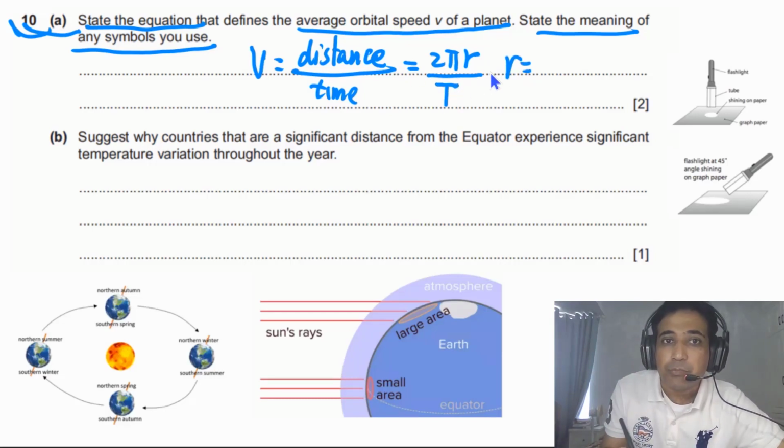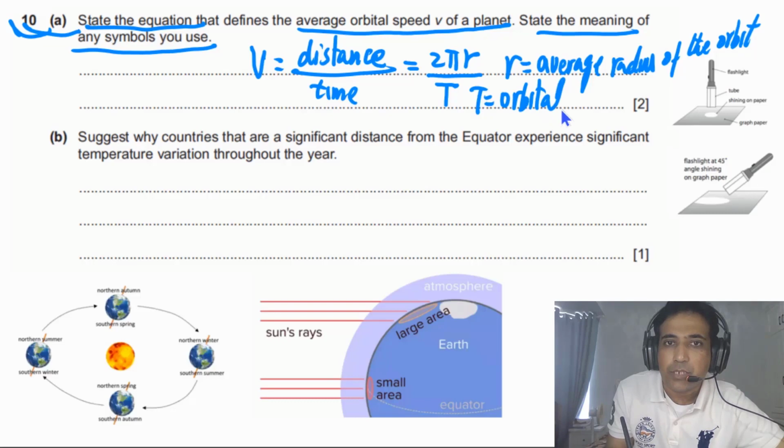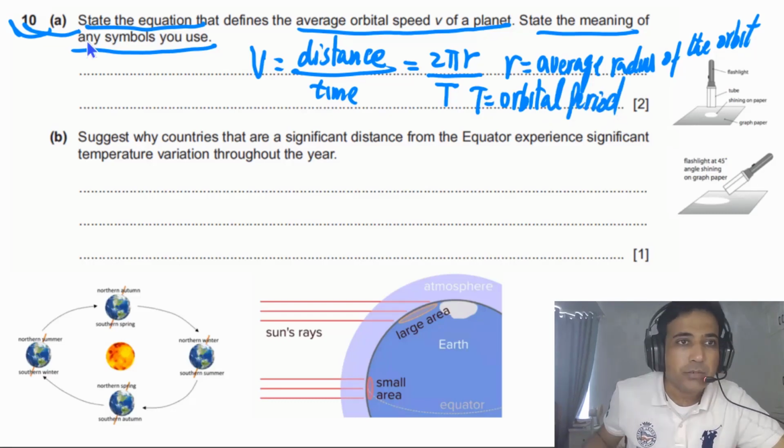We need to write down the meaning of the symbols. R is the average radius of the orbit, and T is the time period, the orbital period. So this is how we can answer question 10 part A.